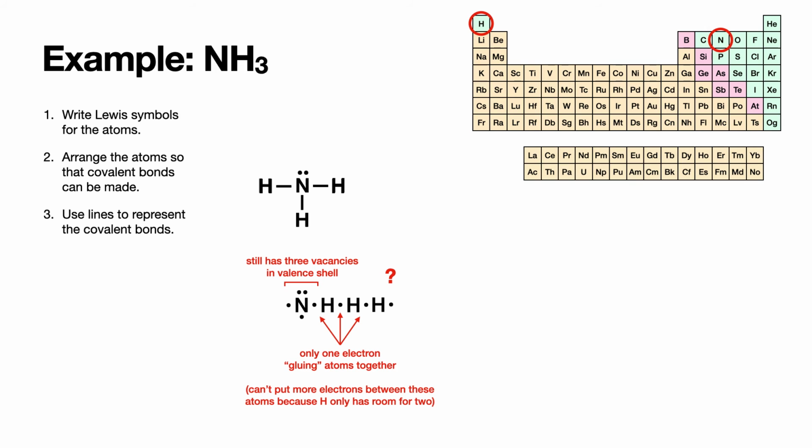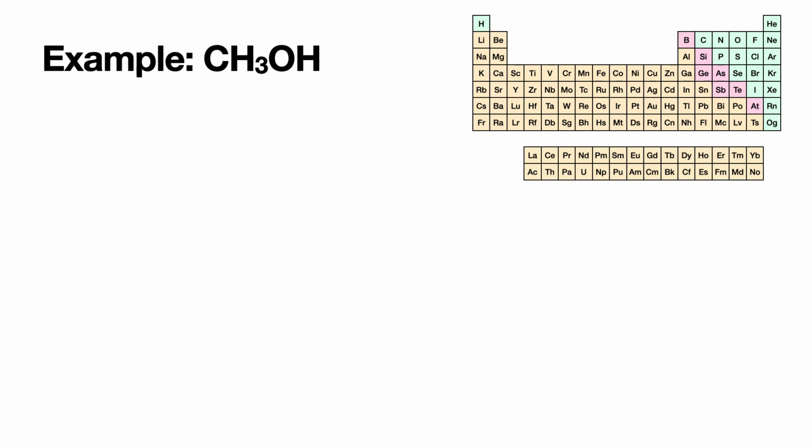So this bottom arrangement of the atoms is not a satisfactory arrangement, and instead ammonia adopts the structure shown up above, where you have a nitrogen atom in the center, and then the 3 hydrogens are arranged around it. Let's look at one more example, and this is the molecule methanol, which has the formula CH3OH.